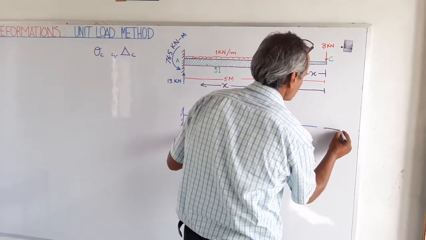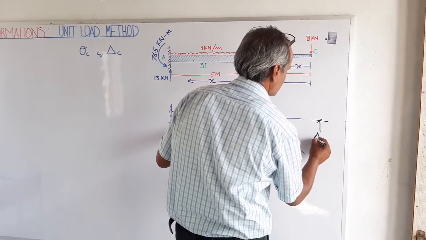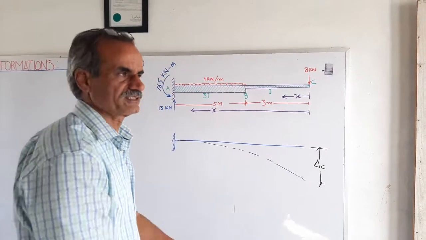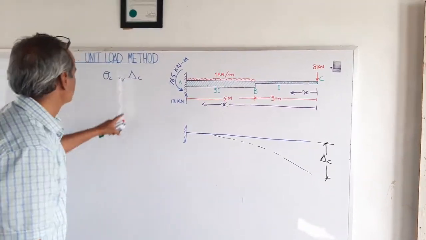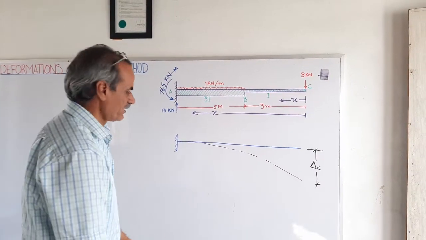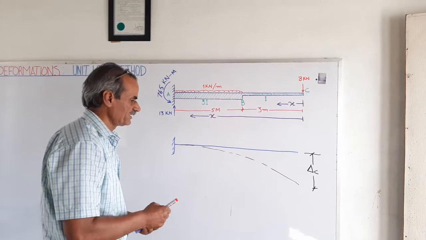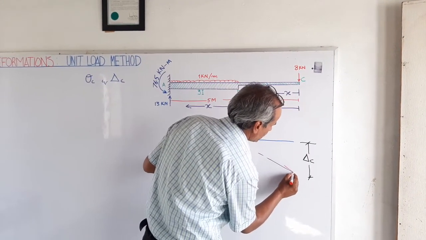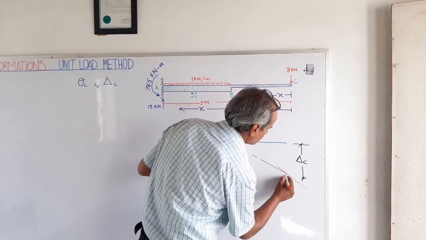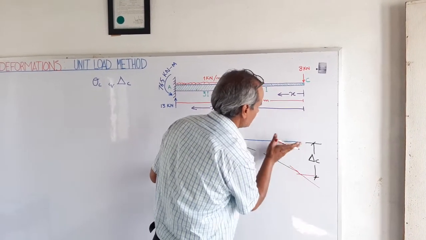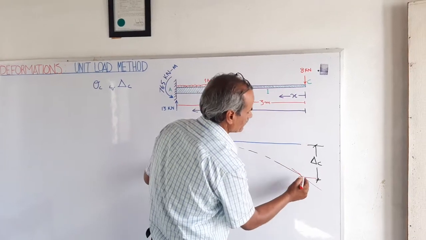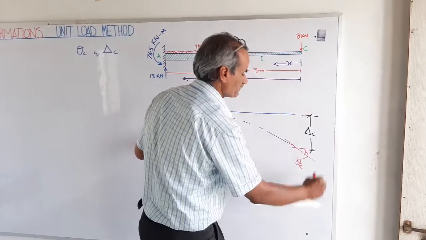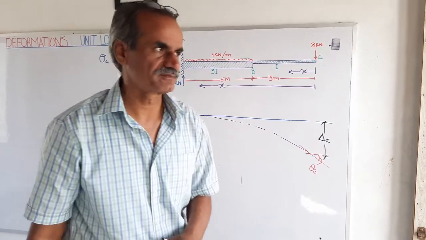So this is the deflection at C, that is the vertical displacement of the free end. And if we see the rotation over here, we draw a tangent to the elastic curve and see the reference line which is parallel to the main axis of the beam, then this is the rotation at C.